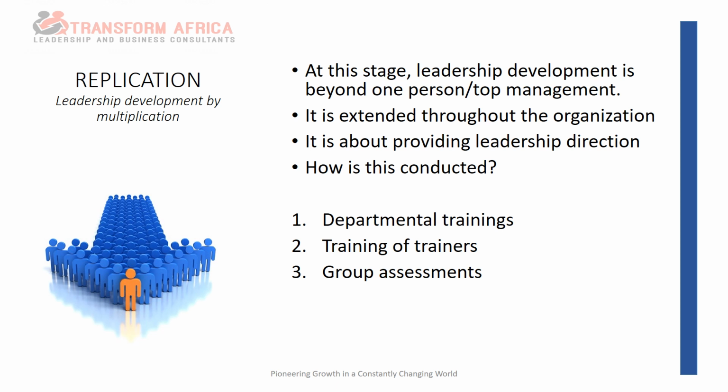At this stage, the leaders who have acquired the leadership skills begin passing on the skills to the people that follow them. And this eventually spreads through the organization until the entire organization is reoriented in terms of leadership. So those are the 4 stages of the growth-oriented leadership development framework.